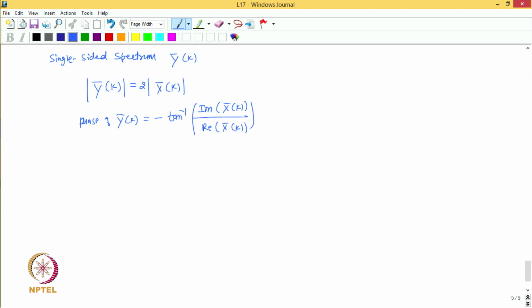This is valid for k from 1 up to N by 2.